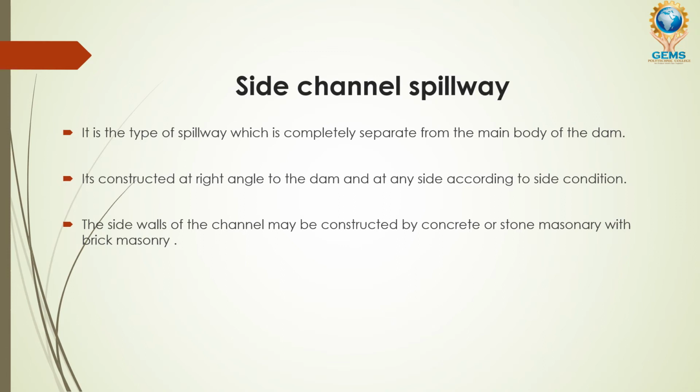According to the site condition, the pathway of the spillway is constructed, and finally the excess water from the upstream portion is transported to this spillway, and it is not attached near the body of the dam. The side walls of the channel may be constructed by concrete or stone masonry. Like every spillway, they are constructed either with RCC, stone masonry or brick masonry.